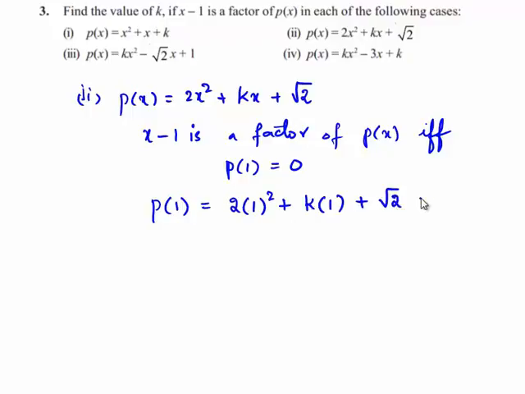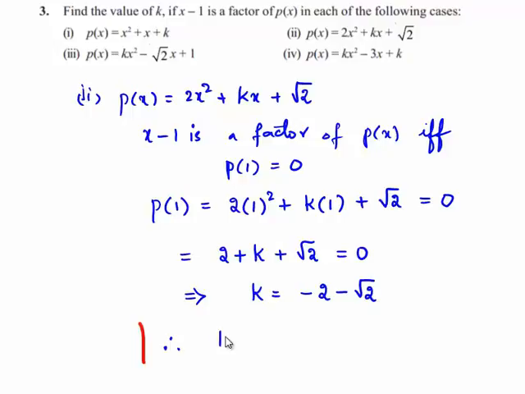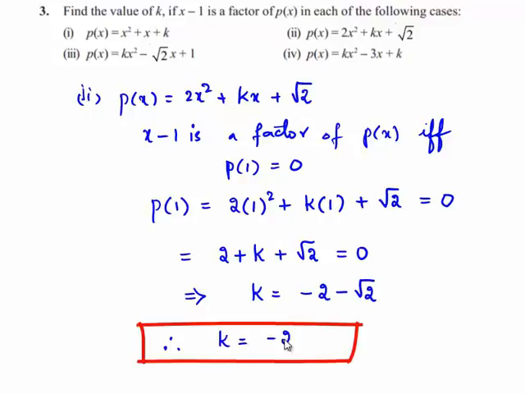This must be equal to 0. This is equal to 2 plus k plus root 2 is equal to 0. So we can write k is equal to minus 2 minus root 2. Therefore, the value of k is equal to minus 2 minus root 2.